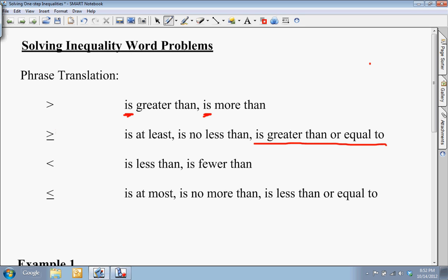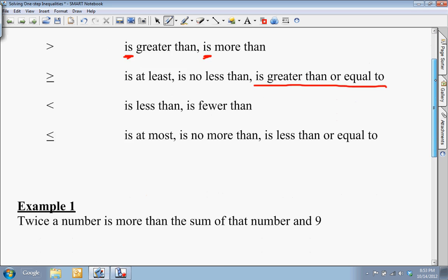But sometimes within a word problem they may use different wording, like is at least or is no less than. Same holds true for our is less than or is fewer than sign. We know that this is less than or equal to, but there are times when they may ask in the problem, is at most or is no more than. Let me provide you with a few examples.